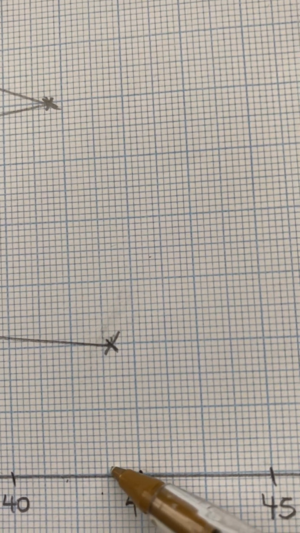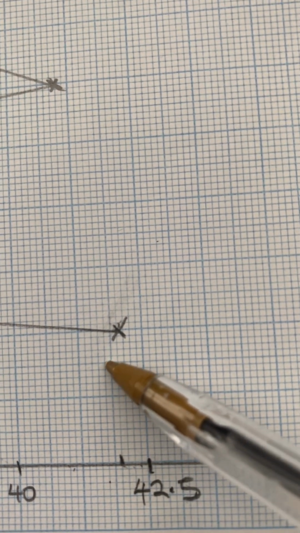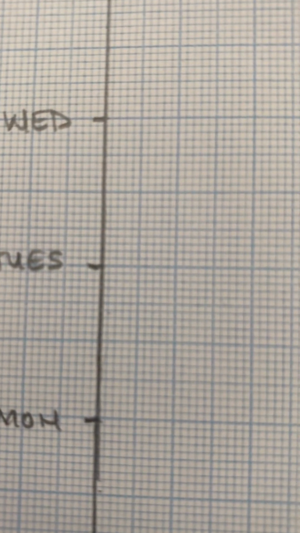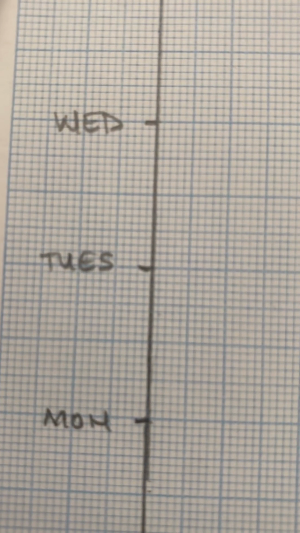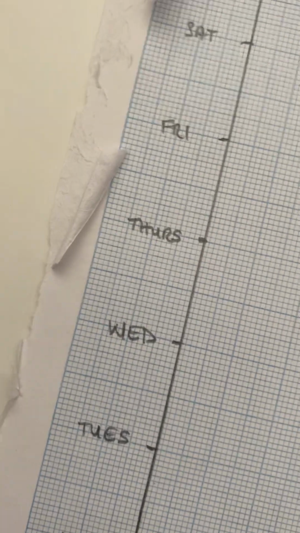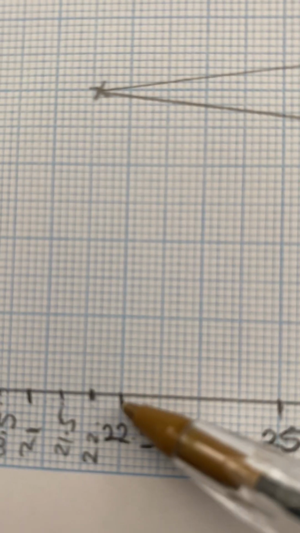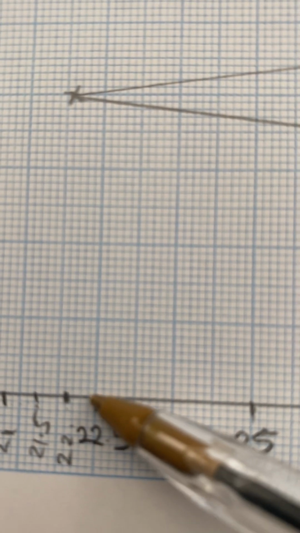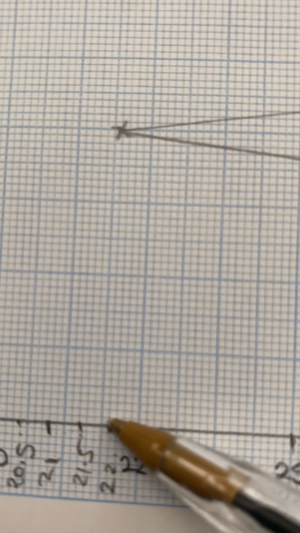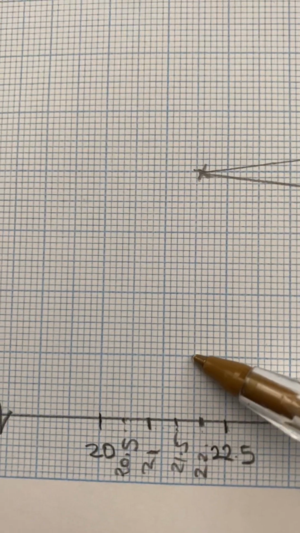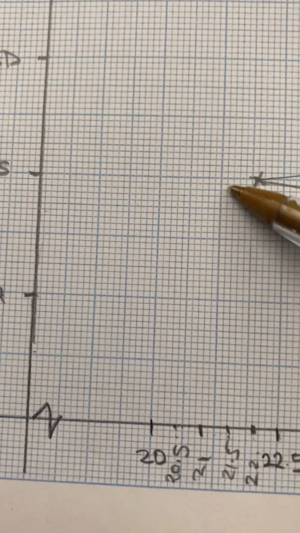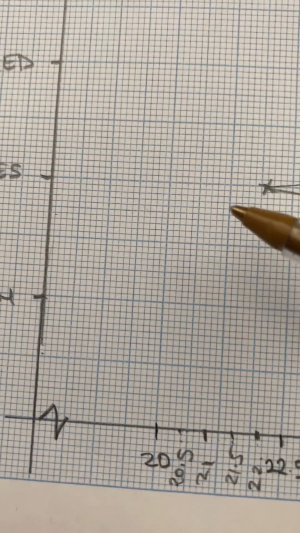So if this is my 42 up there and there, that will be Monday. On Tuesday 22, so Tuesday 22 will be here. This is 22.5. So if I take 4 boxes out, I'm here. So I need to go there. So that will be Tuesday there.